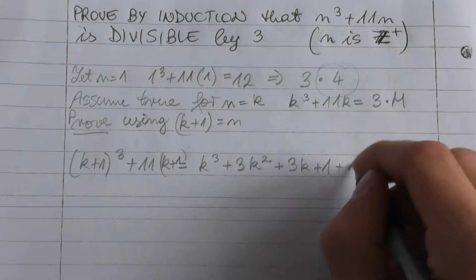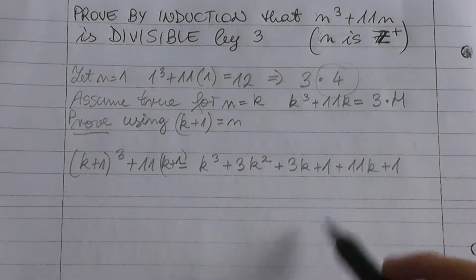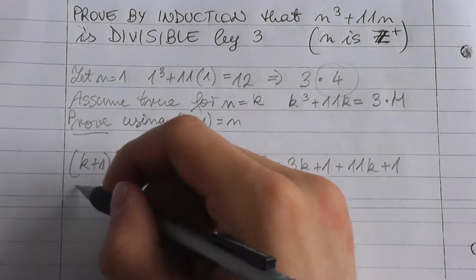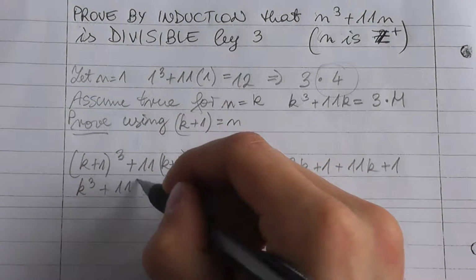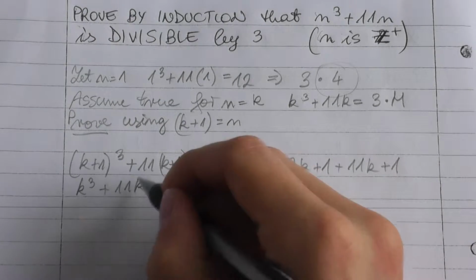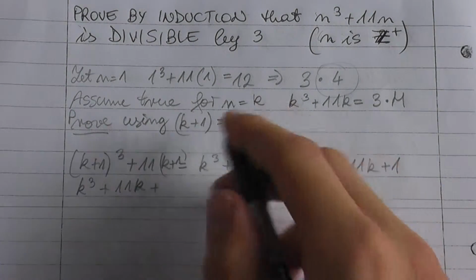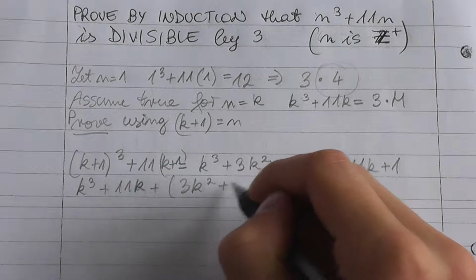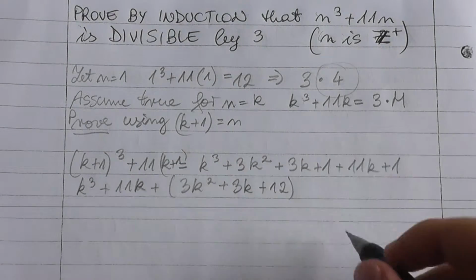Plus 11k plus 11. Now furthermore, cleaning this up, we'll get k cubed plus 11k plus, look, something nice will emerge, 3k squared plus 3k plus 12, right?